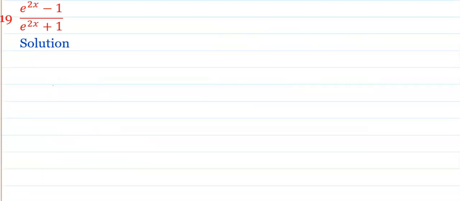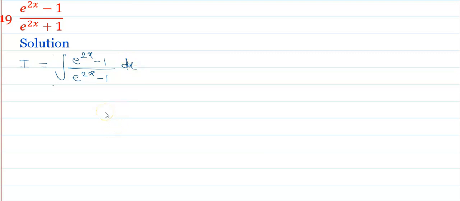Next problem. I is equal to the integral of e raised to 2x minus 1 upon e raised to 2x minus 1 into dx.